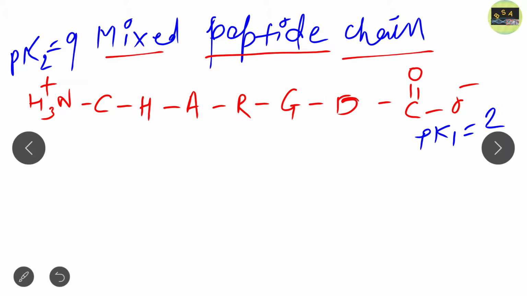The pKr value of cysteine we can take as 8. The pKr value of histidine we can take as 6. Alanine is non-polar, so no pKr value. The pKr value of arginine is 12.48, so we can take 13. Glycine is non-polar, so no pKr value. And the pKr value of aspartic acid, that is 3.65, we can take as 4.